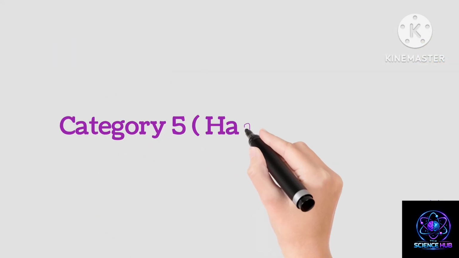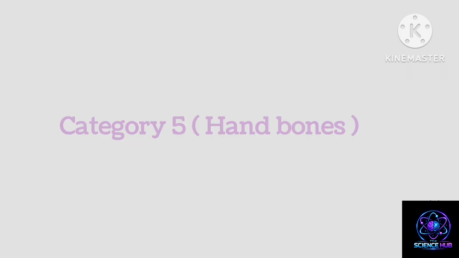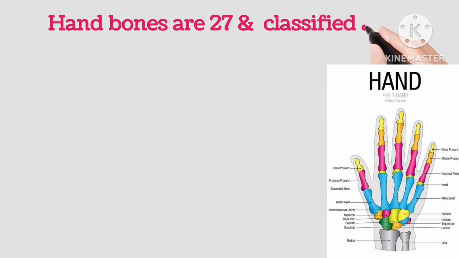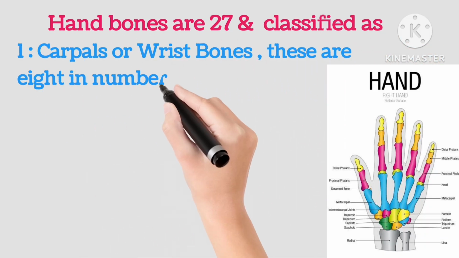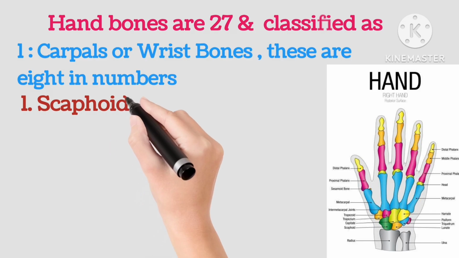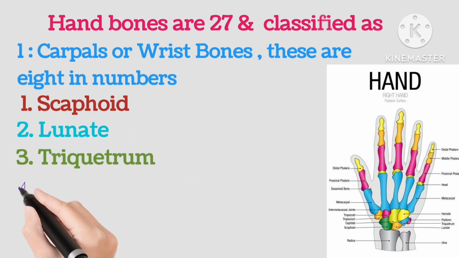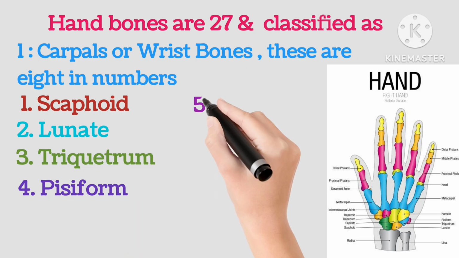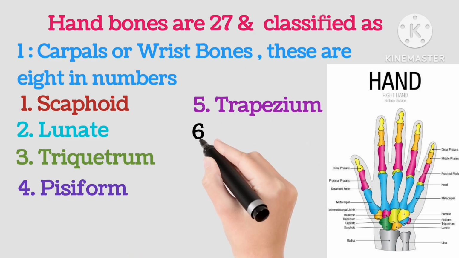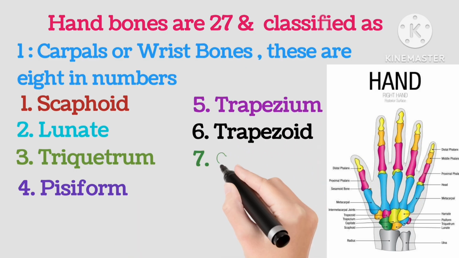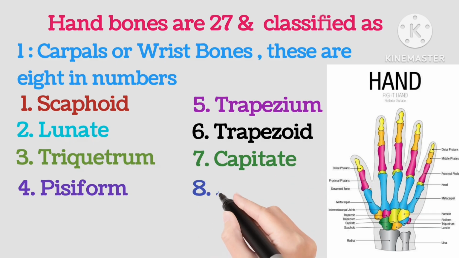Category 5. Hand bones. Hand bones are classified as number 1, carpals or wrist bones. These are 8 in number. 1. Scaphoid. 2. Lunate. 3. Triquetrum. 4. Pisiform. 5. Trapezium. 6.